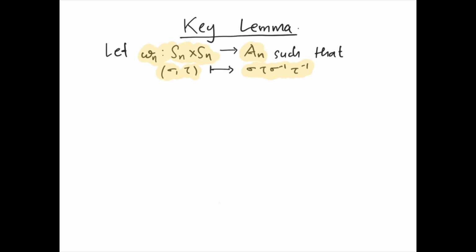So to set up notation, let omega sub n be a map from Sn cross Sn to the alternating group, which takes a pair of permutations and evaluates its commutator. Now the commutator is always going to be in An, and in fact, it's classically known that every element in the alternating group is a commutator for large enough n.